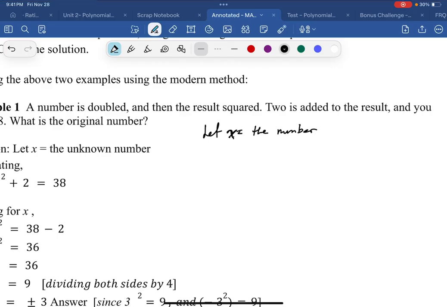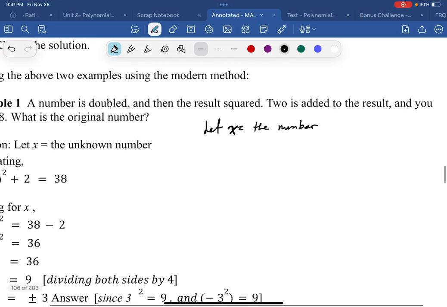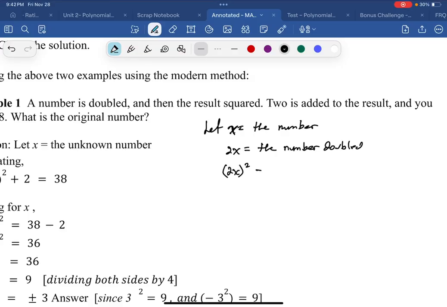A number is doubled, so 2x would be the number doubled. Then the result is squared. So the result of doubling the number is squared, so (2x) squared would be the result is squared.